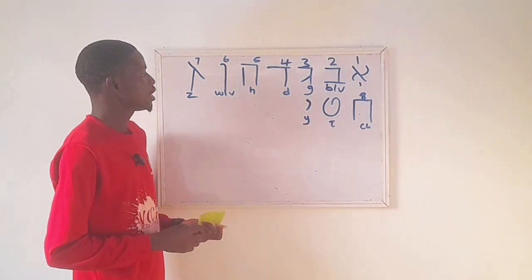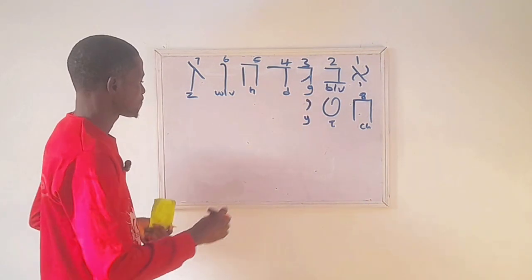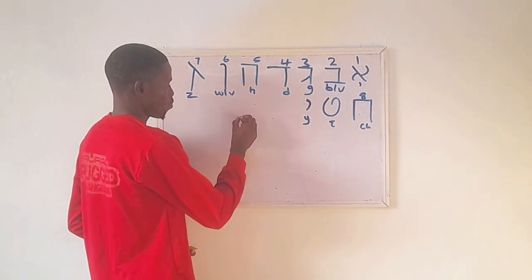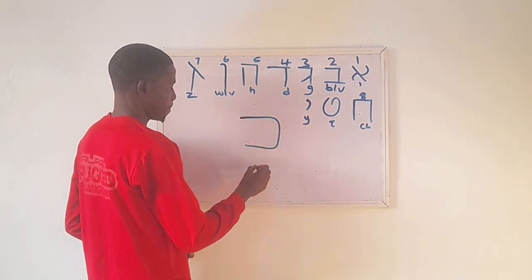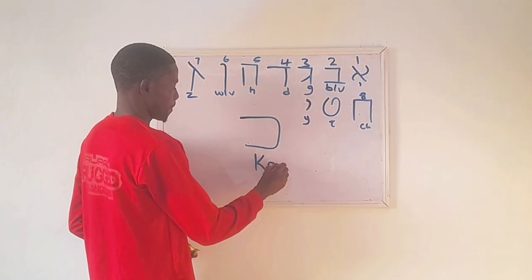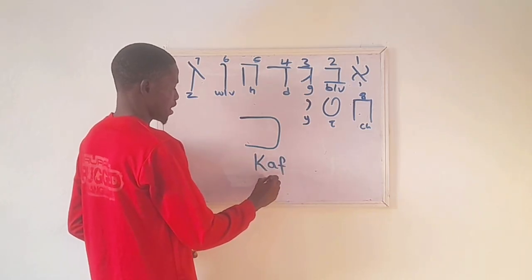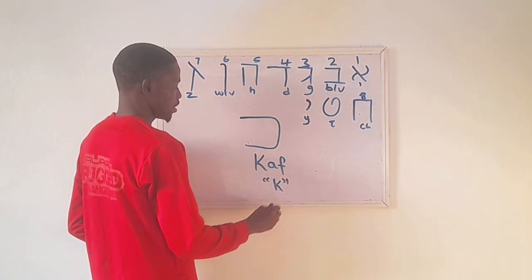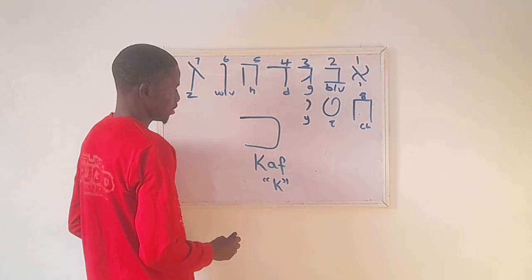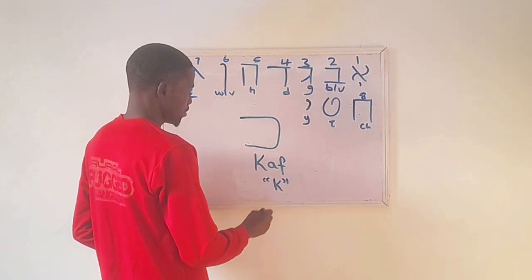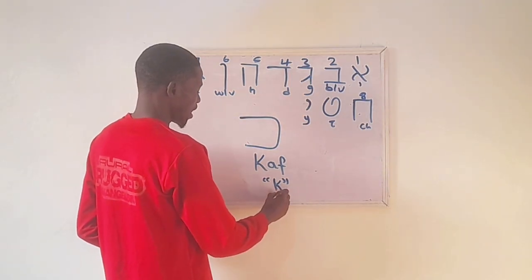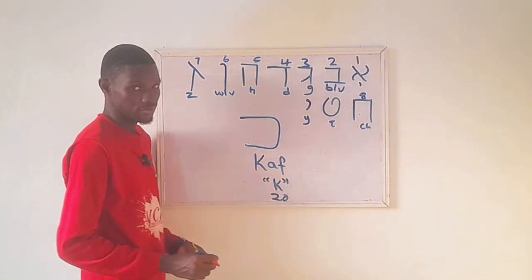The next letter is Kaf. Kaf is equivalent to English letter K. And this is number 20, not 11.